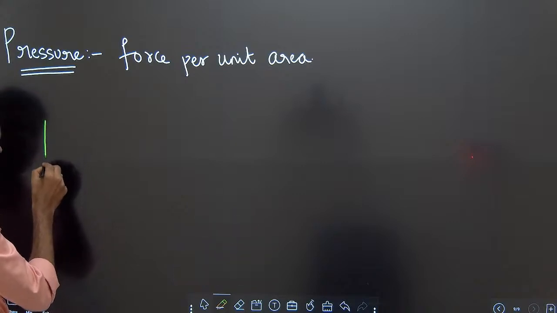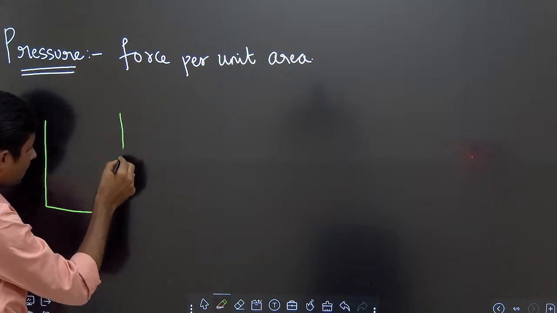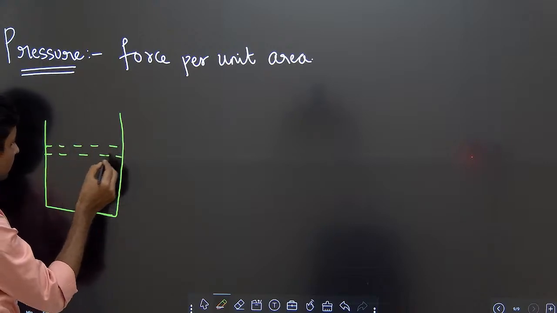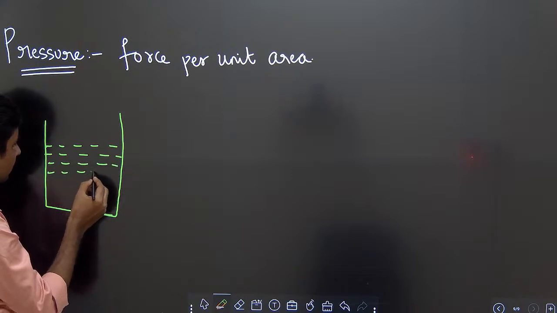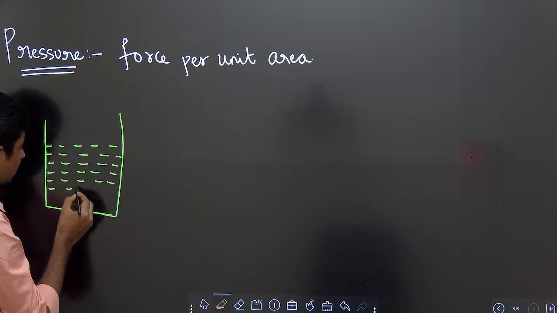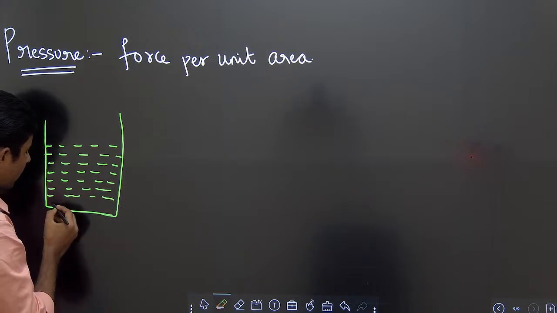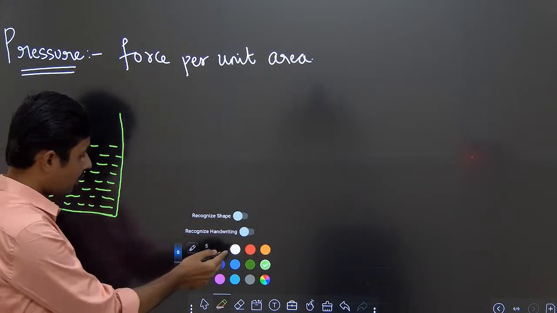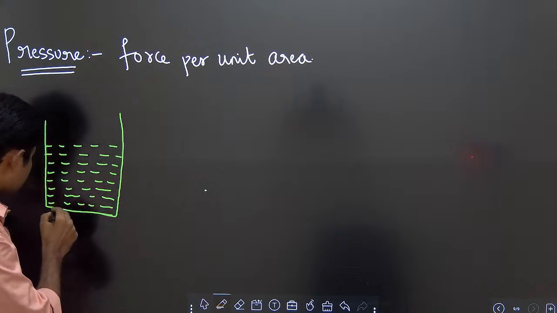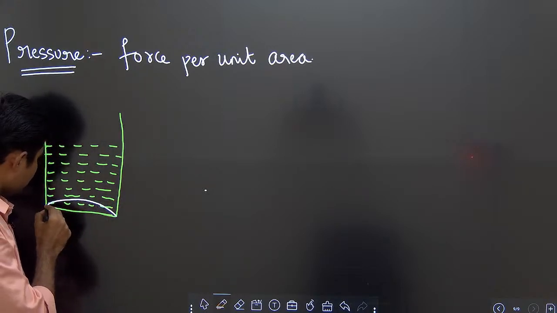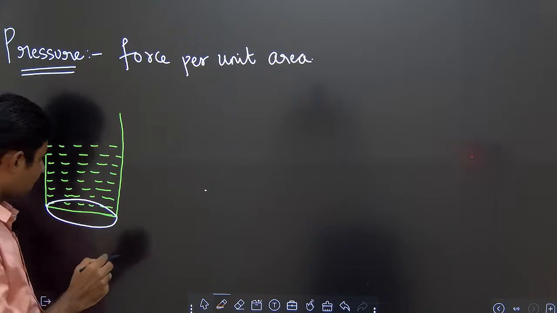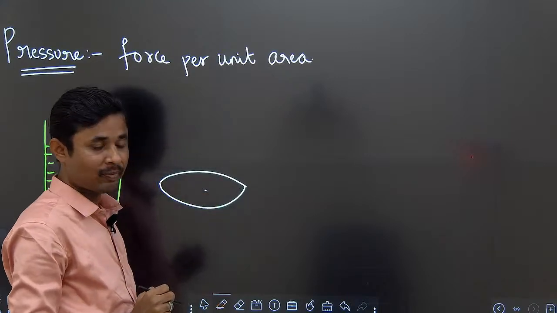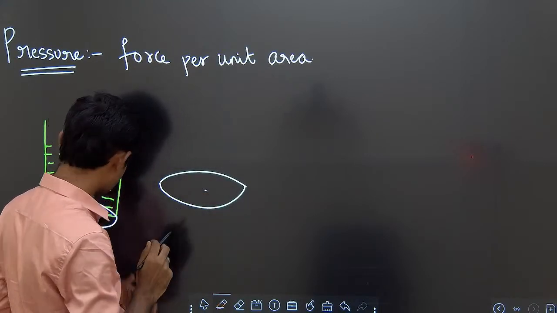Let us consider a bucket in which water is poured. For this bucket, it will have a cross section at the bottom surface. I am drawing it separately here. This is the bottom surface of the bucket.